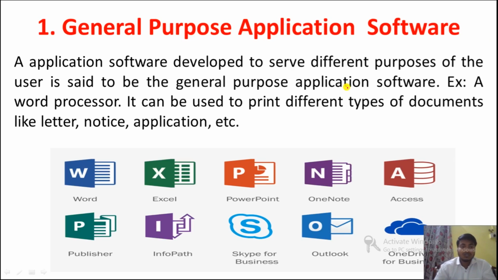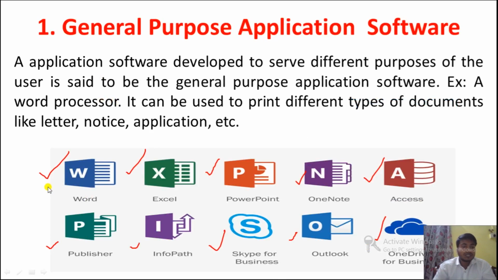Examples you can see here are Microsoft Word, Excel, PowerPoint, OneNote, Access, Outlook, Skype, Publisher, InfoPath, OneDrive, etc. These are the applications we use most of the time for our work. That's why it is called general purpose, and most users use this.